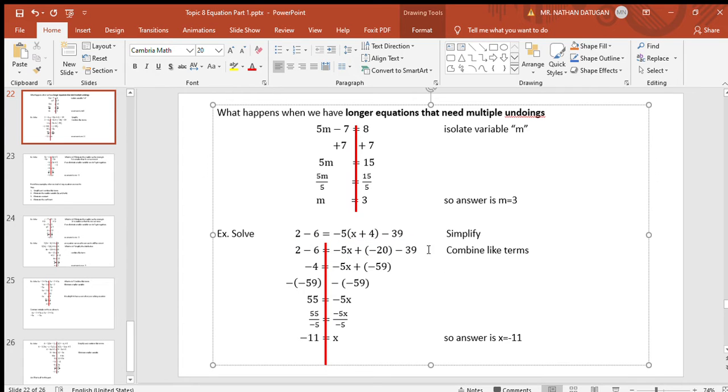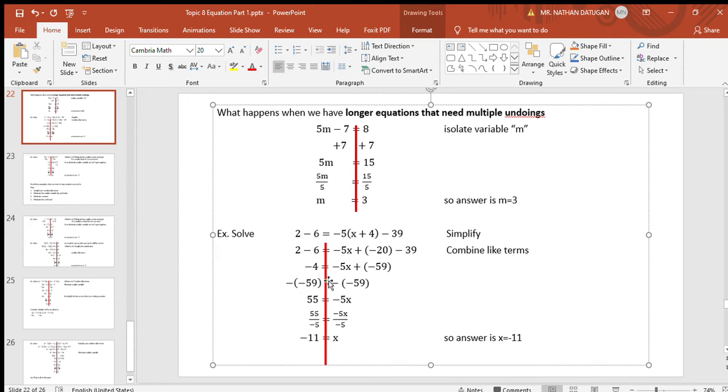Now what do we do now? Now that we're done with simplifying any distribution, what do we do? Well, now we can combine like terms. Start with the left side. 2 minus 6 can be combined to negative 4, and negative 20 and minus 39 can be combined to negative 59.